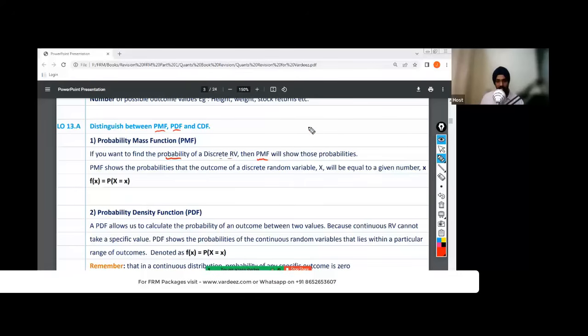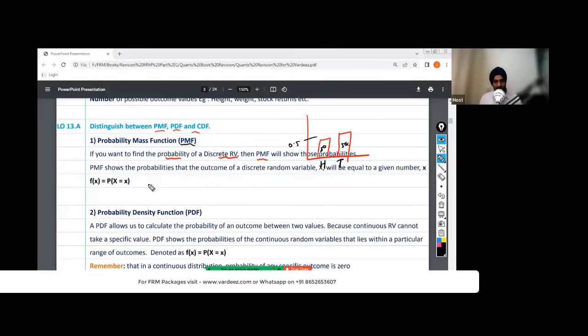PMF is going to show you all the possible values. For example, if I toss a coin, either heads will come or tails will come. So the probabilities are 50% for heads and 50% for tails. This visual diagram can be a part of the probability mass function.